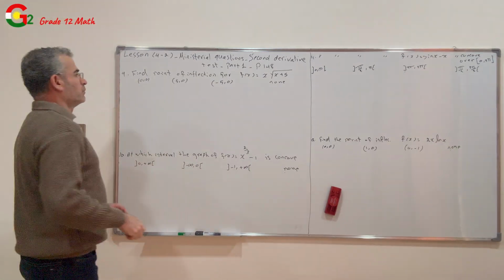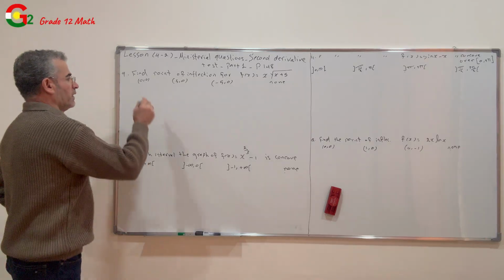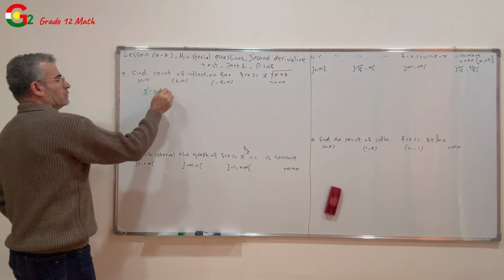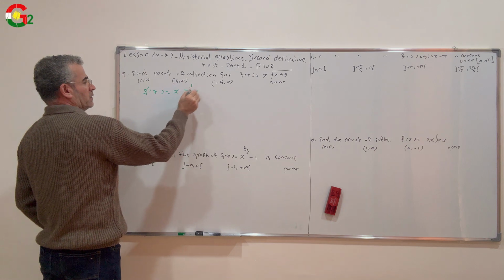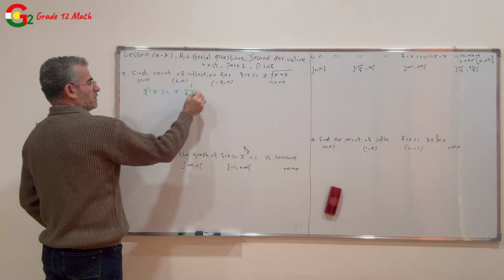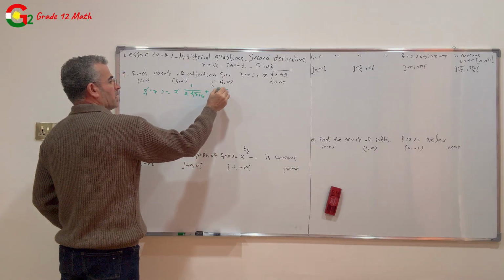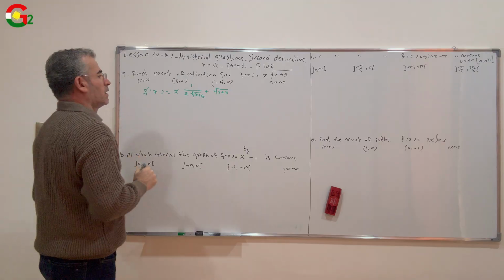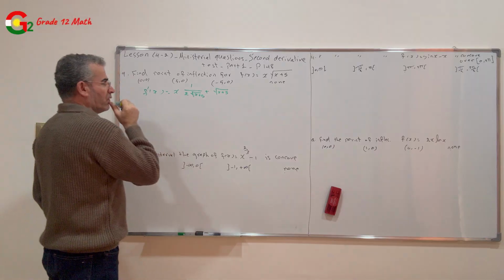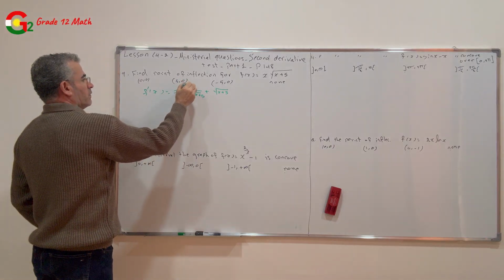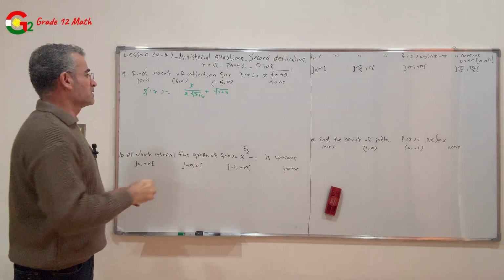Question number 9. Find the point of inflection for f of x equals x times square root of x plus 5. f prime of x equals the first function times the derivative of the second, 1 over 2 square root of x plus 5, plus the second times the derivative of the first, square root of x plus 5 times 1. Then the first derivative is x over 2 square root of x plus 5 plus square root of x plus 5.